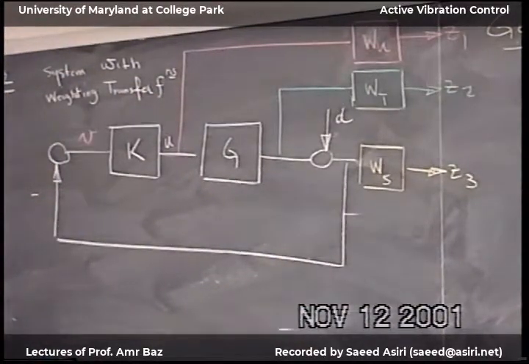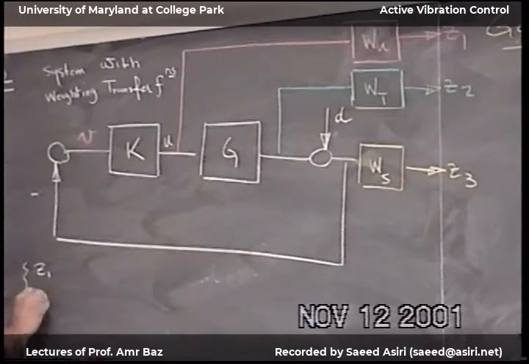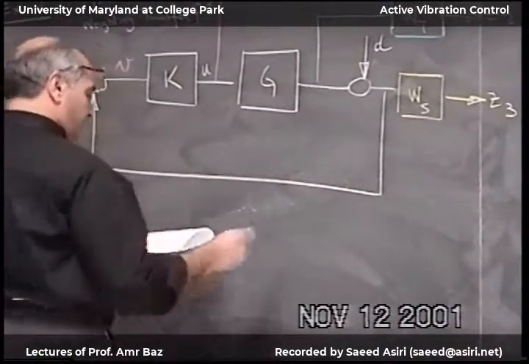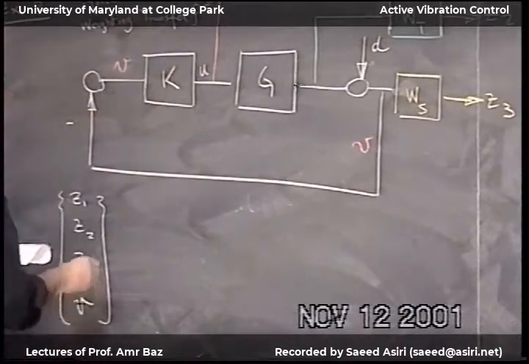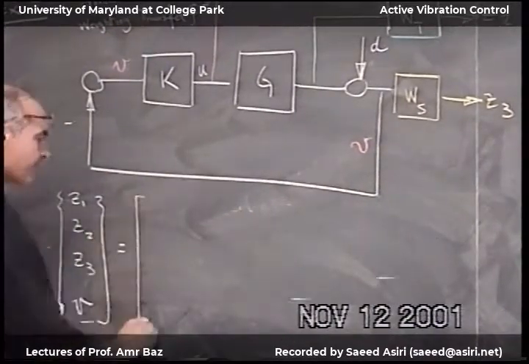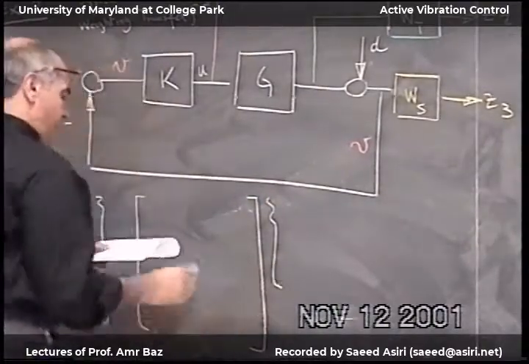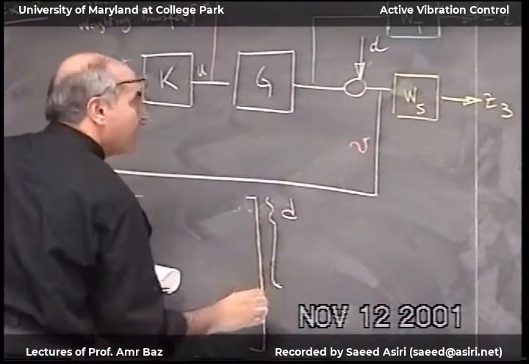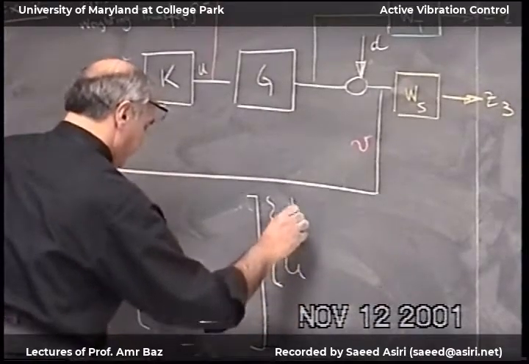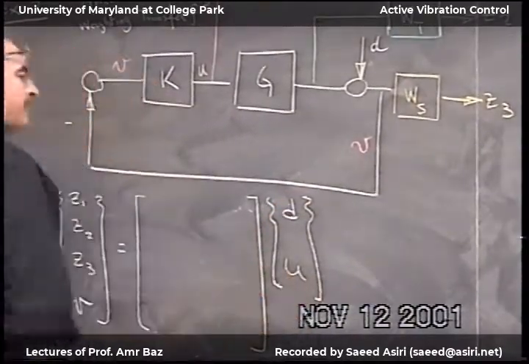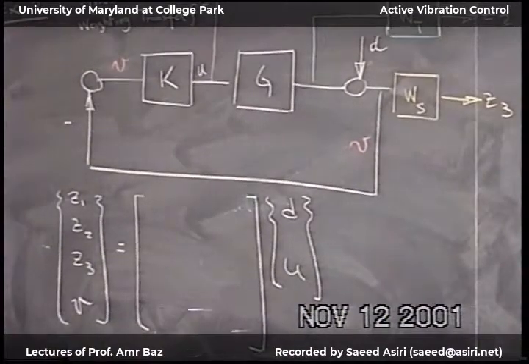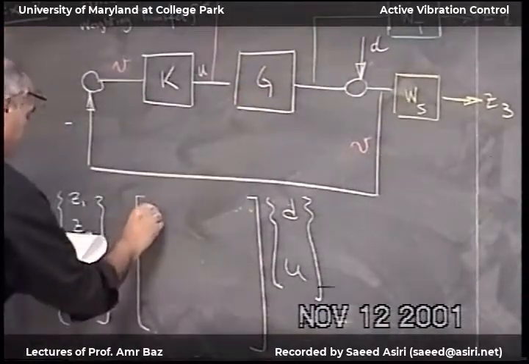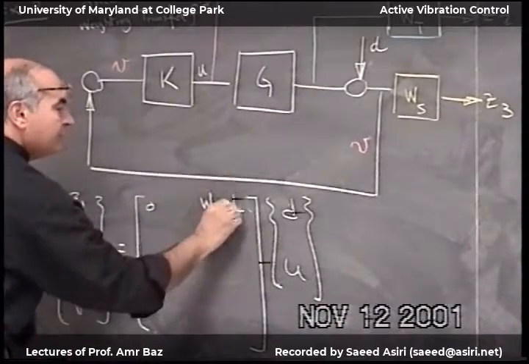So now we can redo it like this: Z1, Z2, Z3, and V. This would be my V, and this is equal to the W, or the disturbance, D, and U. Okay, and then again from the block manipulation, Z1 is U times WU, so it is 0 times WU1 identity.